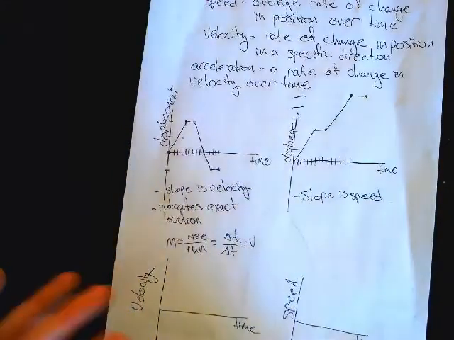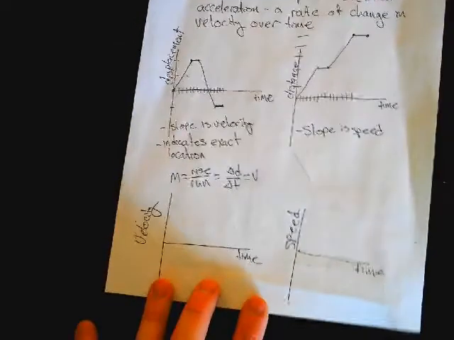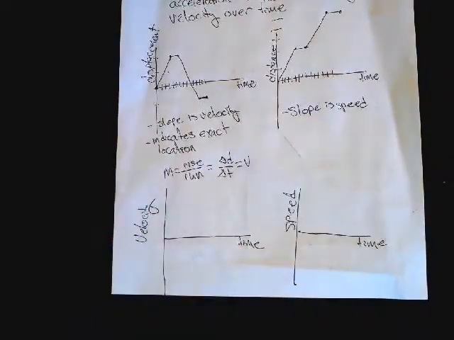All right, so for the speed or velocity versus time graph, how do we want to start that one? How do we want to start a velocity versus time graph for that same motion?